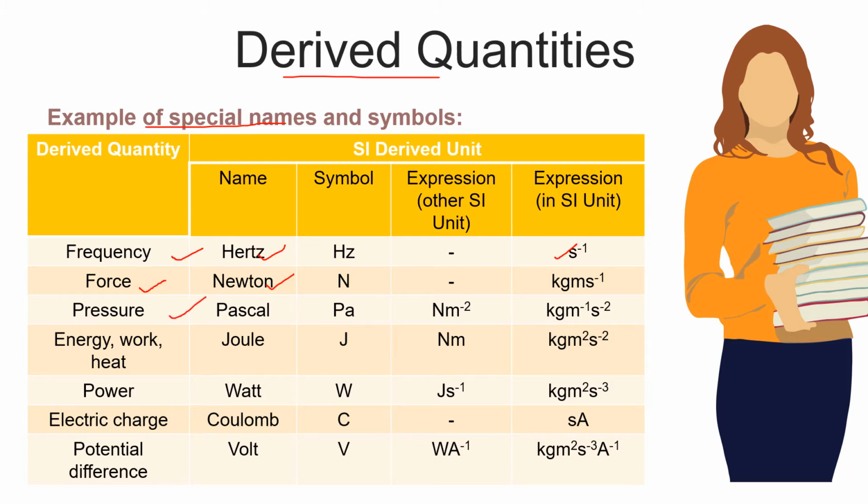And then we have pressure. This is what we frequently use in chemical engineering. Pressure, energy, work, heat, power are used often, while potential difference and electric charge are rare because they are more electrical. The others will be used in chemical engineering courses. So this is the SI unit for each derived quantity.